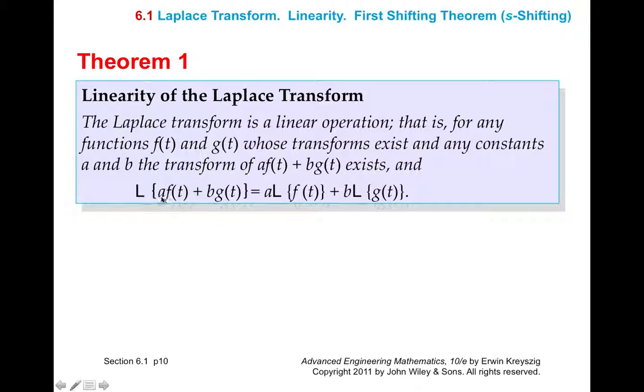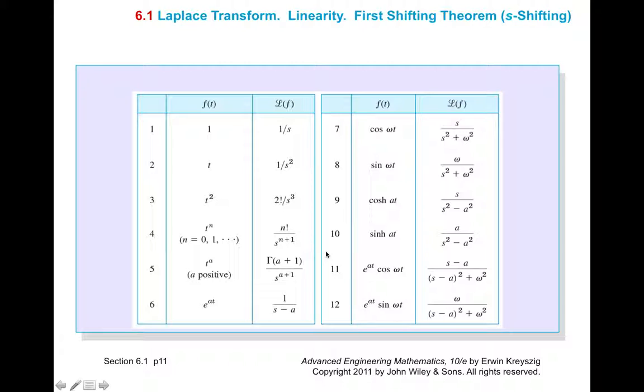Just like if it were normal integration, which basically it is, you could pull a constant out of the integral. If we have a sum of two functions, then the transform of the sum is the sum of the transforms, which is essentially the definition of linearity. And since this is effectively an integral process, it is in fact a linear process.